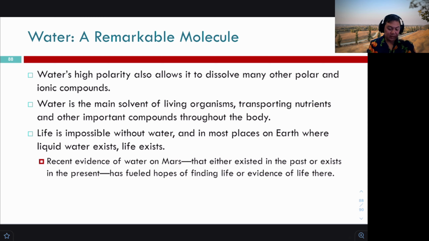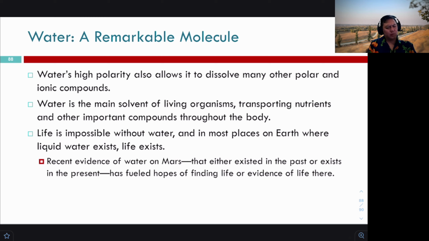So in most places on Earth where liquid water exists, life exists. And that's why recent evidence of water on Mars, whether it's liquid or not, was very exciting, because maybe there's life, or was life, on Mars at one point. The other place that life might be likely in our solar system is one of Jupiter's moons, Europa.